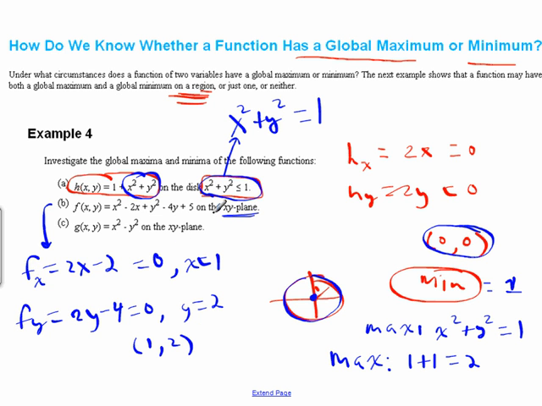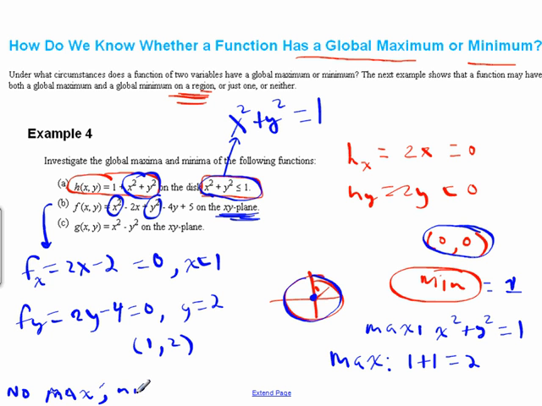Well, what we can recognize is that since we're looking at the whole xy plane, x and y can get as big as possible. And since our highest degree is squared, and it's plus y squared and plus x squared, as x and y get huge, this will grow forever. So there's no maximum. So therefore, this value must be a minimum.